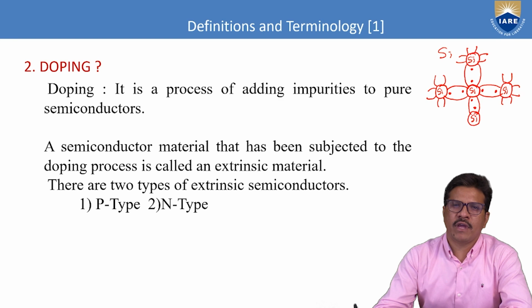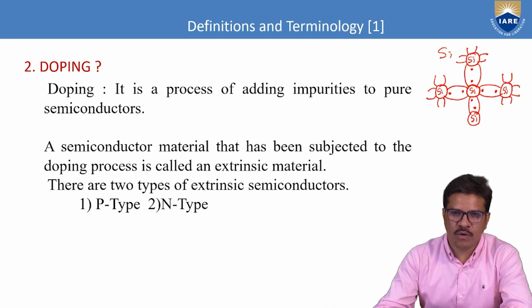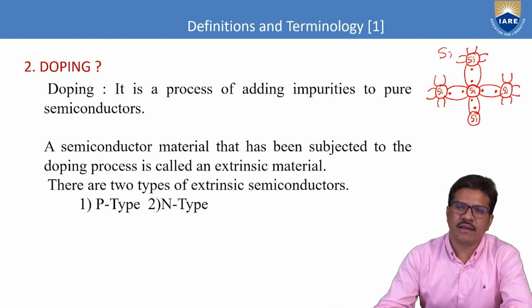In theory, we have seen the analogy of pure and impure water: the current flow in salt water is always greater than the current flow in pure water. Similarly, the current flow in an extrinsic semiconductor is more than in the intrinsic semiconductor, because in the intrinsic semiconductor, as we increase the temperature, the conductivity decreases after some time.